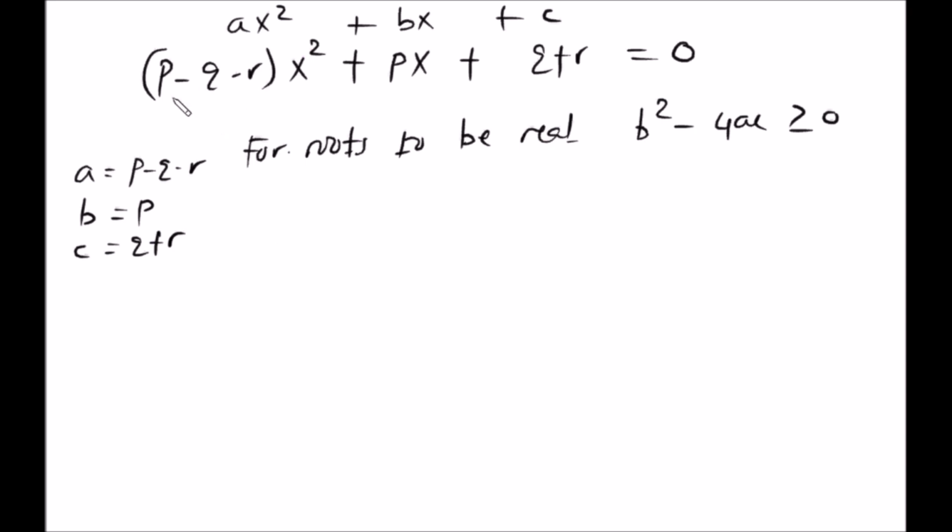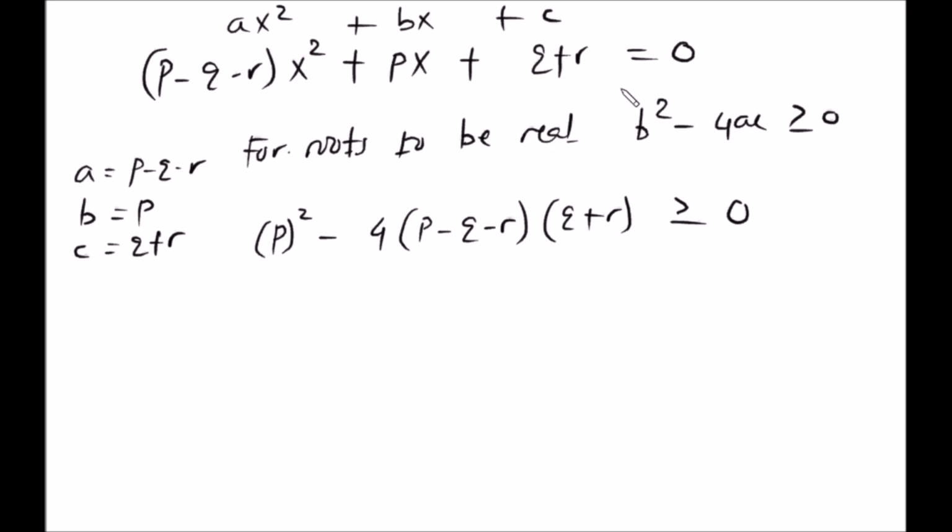So ili root za hii equation hapa juu ziwe real, basi b squared maanake sasa ni p squared minus 4 times a, p minus q minus r, times c, maanake ni q plus r, should be greater or equal to 0. So ili root za hii equation ziwe real, basi inabidi iwe hivi.